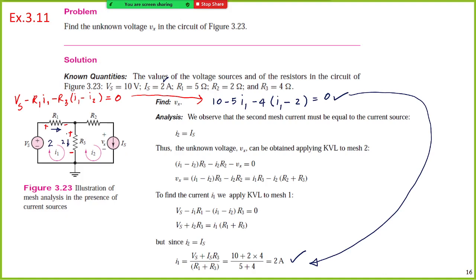So what is the voltage here? The voltage here would be Vs plus I1 into R1. Vs is 10, R1 is 5 ohm, and the current flowing is 2 ampere.